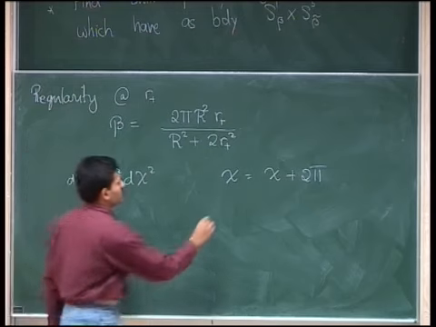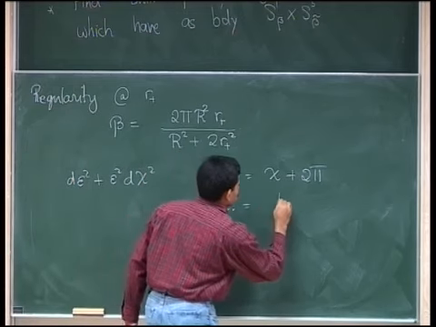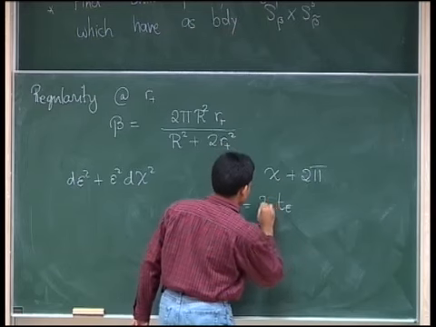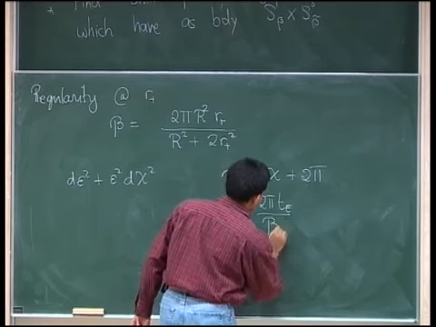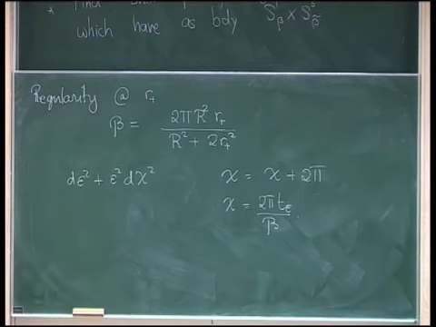Okay, so chi is related to tau by some simple scaling.